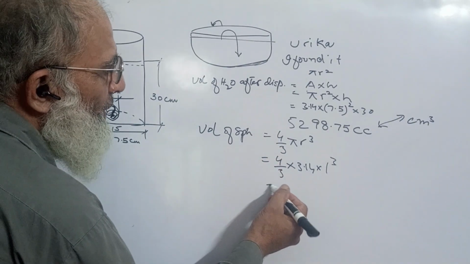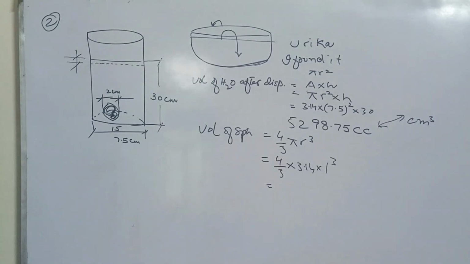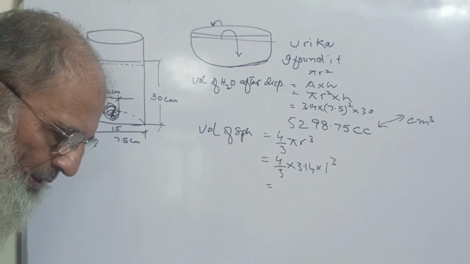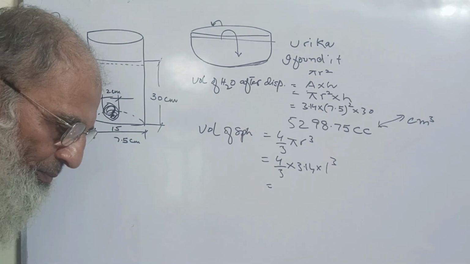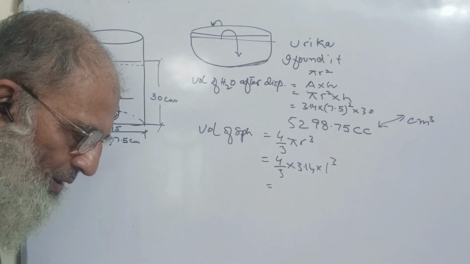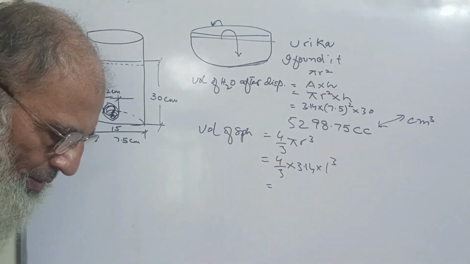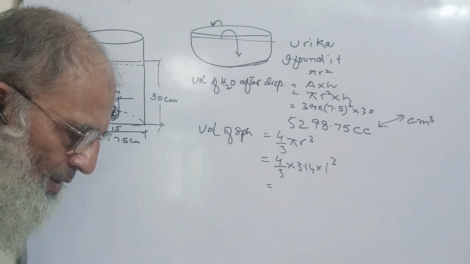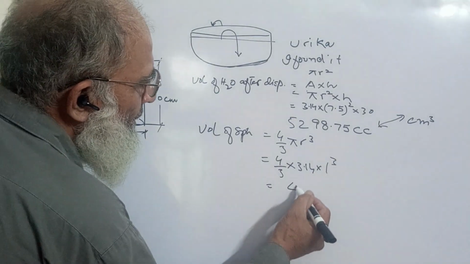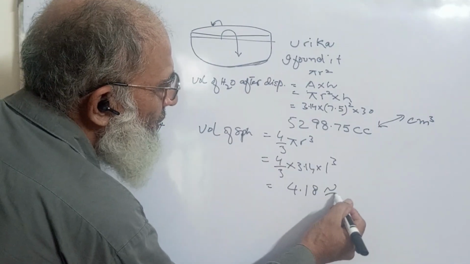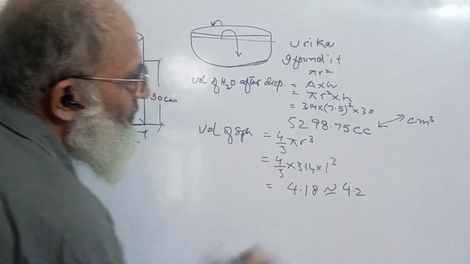So it will become 4 multiplied by 3.14 divided by 3. It is equal to 4.18, or nearly 4.2.